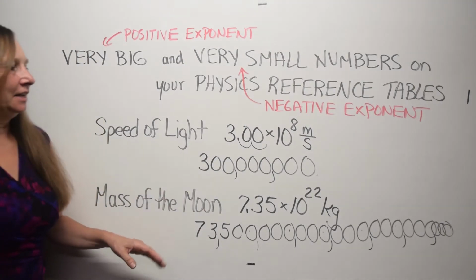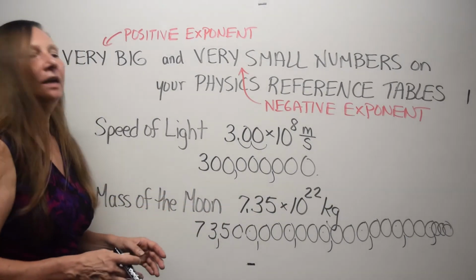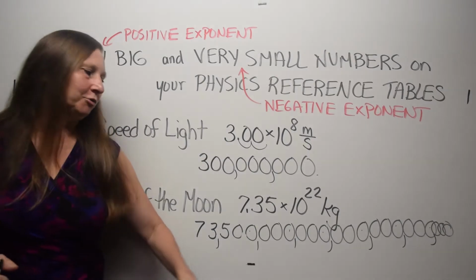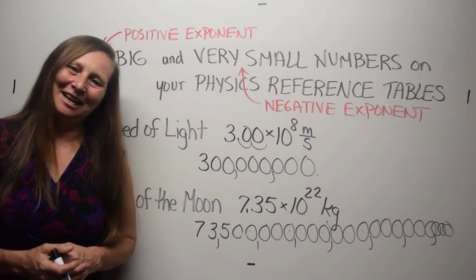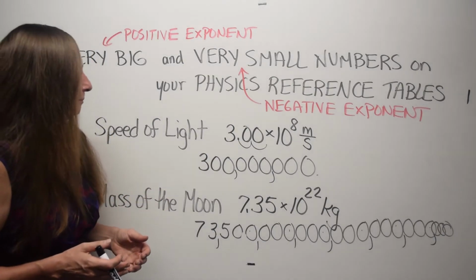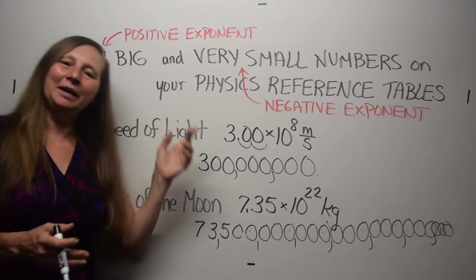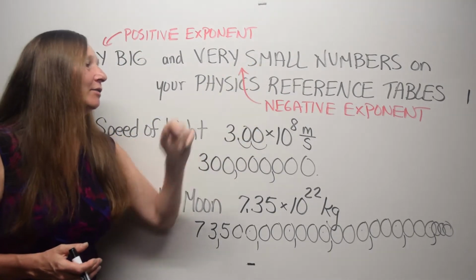In any case, a big, big decimal number. And again, you don't want to have to write out these big decimal numbers. That's why we're teaching you scientific notation. So very big numbers get a positive exponent, and very small, well, we haven't done the very small numbers.